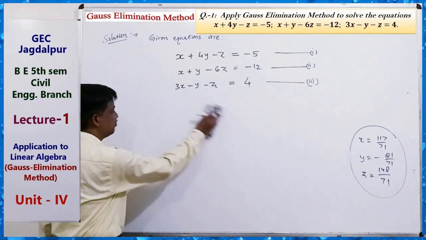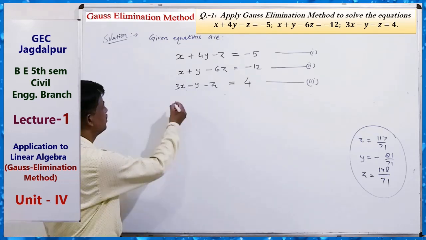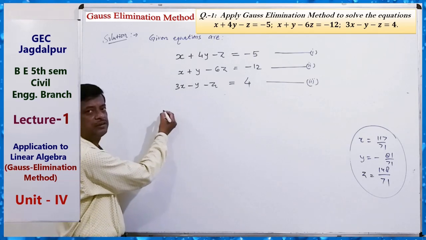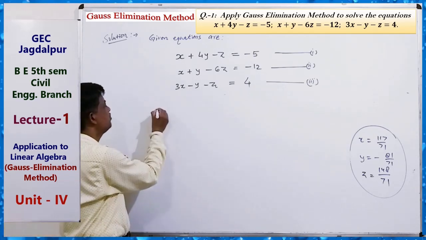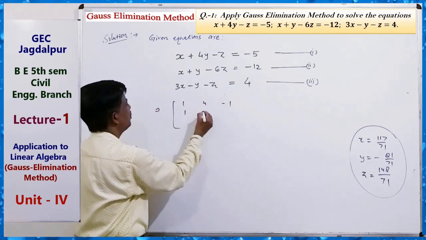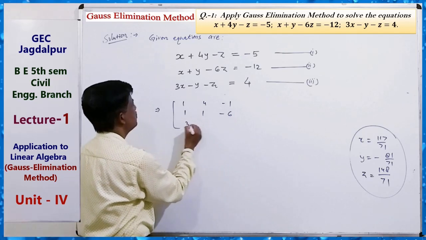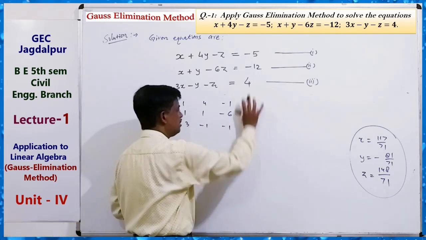So by using a matrix we can also do it. Okay. Here the coefficient matrix will be, the matrix equivalent we can take. How? This can be written like this: 1, 4, minus 1; 1, 1, minus 6; 3, minus 1, minus 1 equals to, it can be written here.